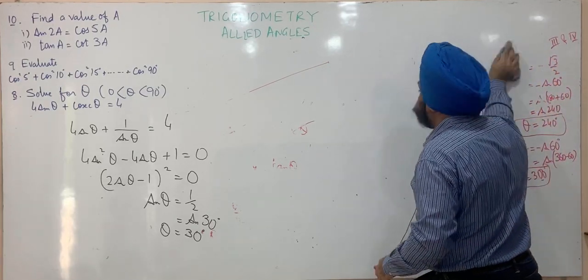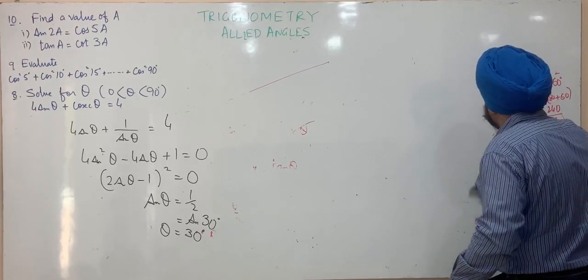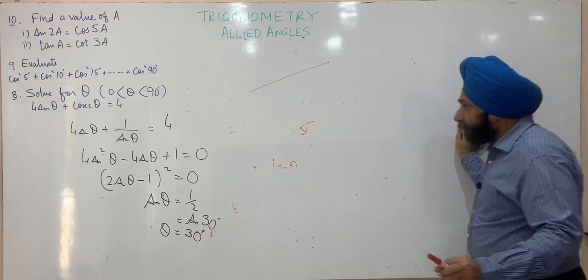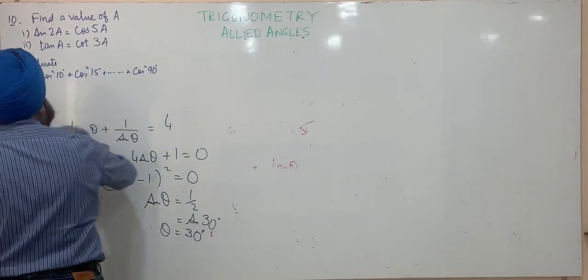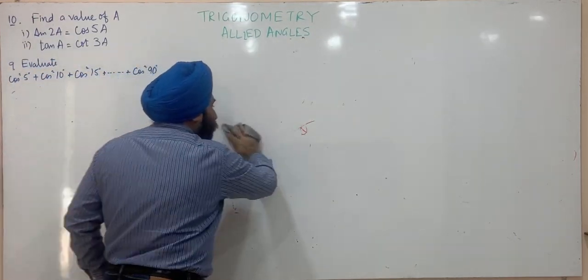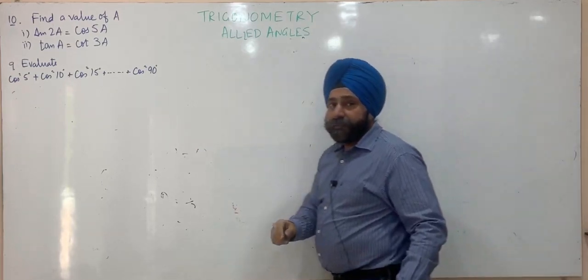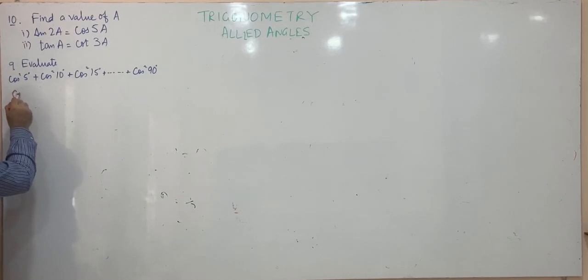In question number 9, we have to find value of cos square of 5 plus cos square of 10 plus cos square of 15 up to cos square of 90 degrees. So here we are to identify allied angles. Let us write more terms.